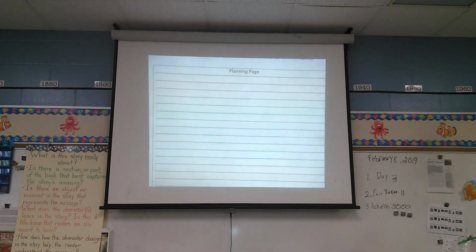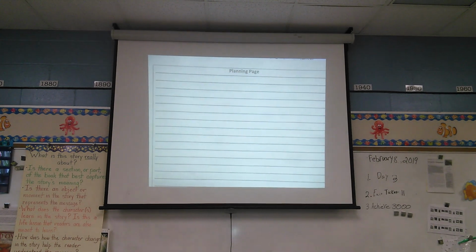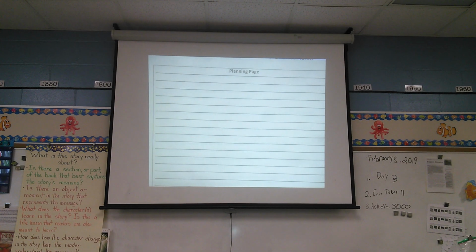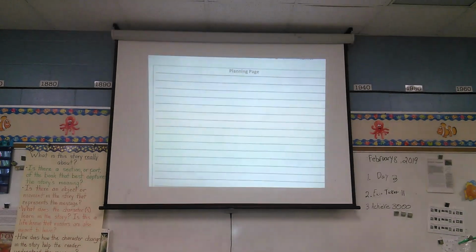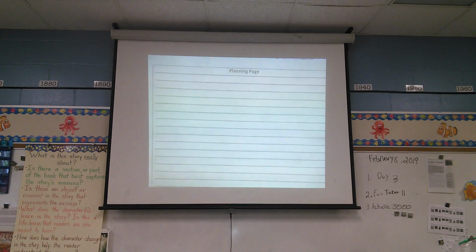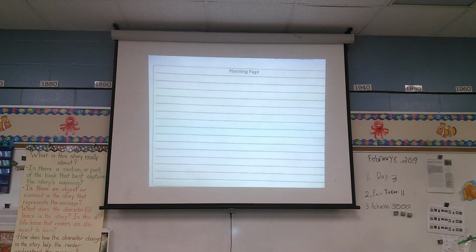You can come and get a planning sheet, and then you can start to plan your essay. Remember, when you plan your essay, you're using the boxes and bullets that I've taught you. In the cloud at the top is your thesis statement. It is written as a full sentence, just like we did on the writing prompt page. Okay? So after you finish reading, go back and look at that.